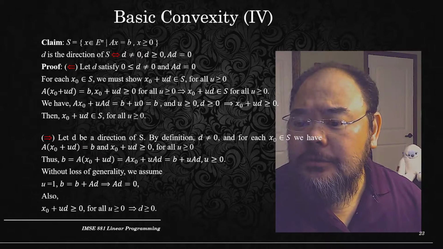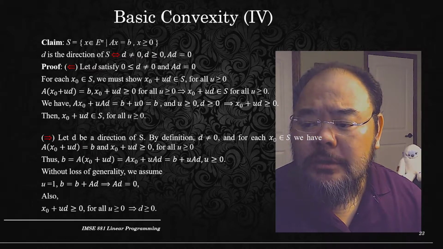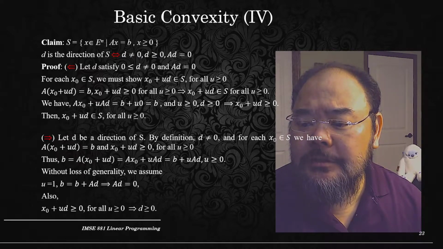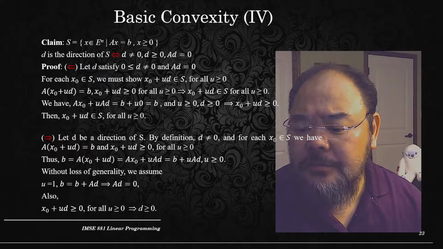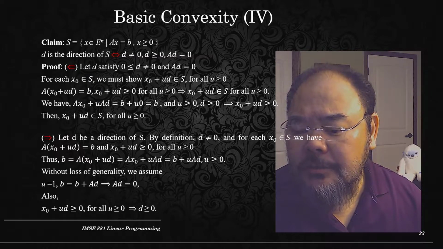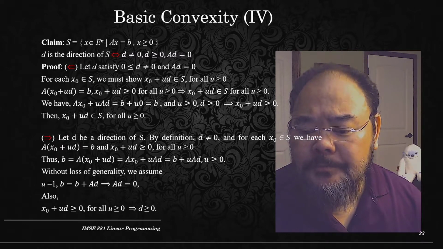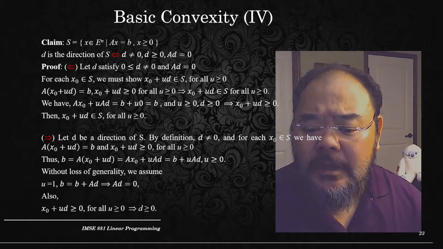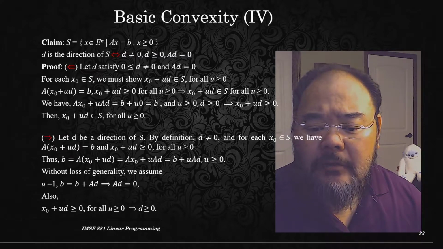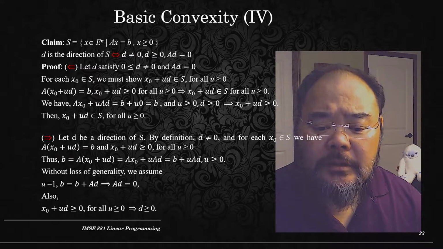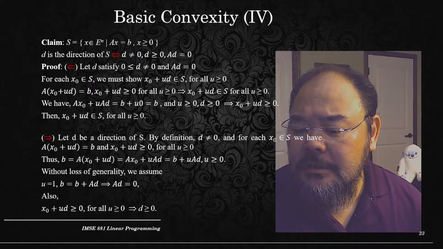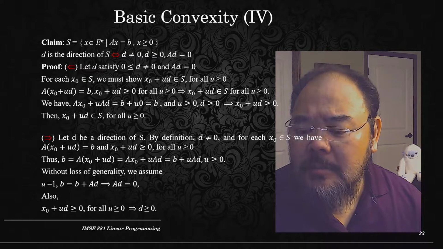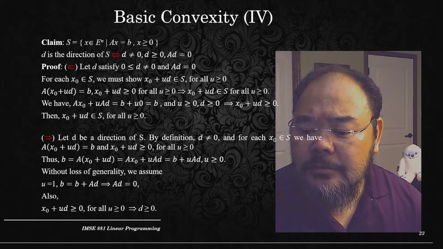Next we're going to show that D satisfies the conditions, assuming D is a direction of S. By definition, D is not equal to 0, and for each x naught within S, we have A times x naught plus u times D equals B, and x naught plus u times D is greater than or equal to 0 for all non-negative u.